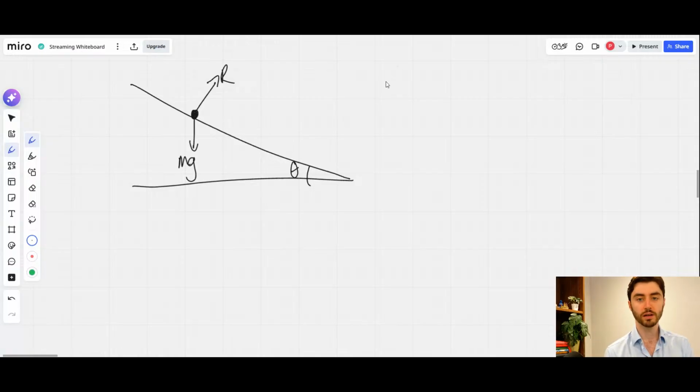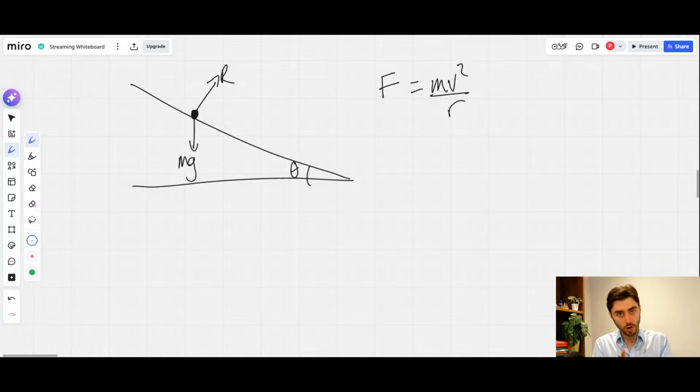So here, we're going to, again, go for our F equals mv squared over r. As always, we need to ask ourselves, what is this reaction force? Not the reaction force. What is the resultant force acting towards the center of the circle? So in this case, this angle here would be theta, and this angle here would be theta.